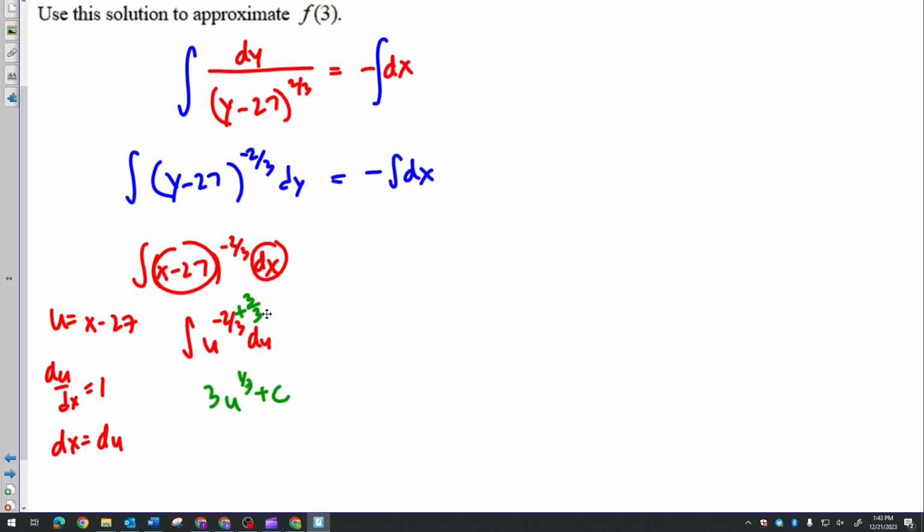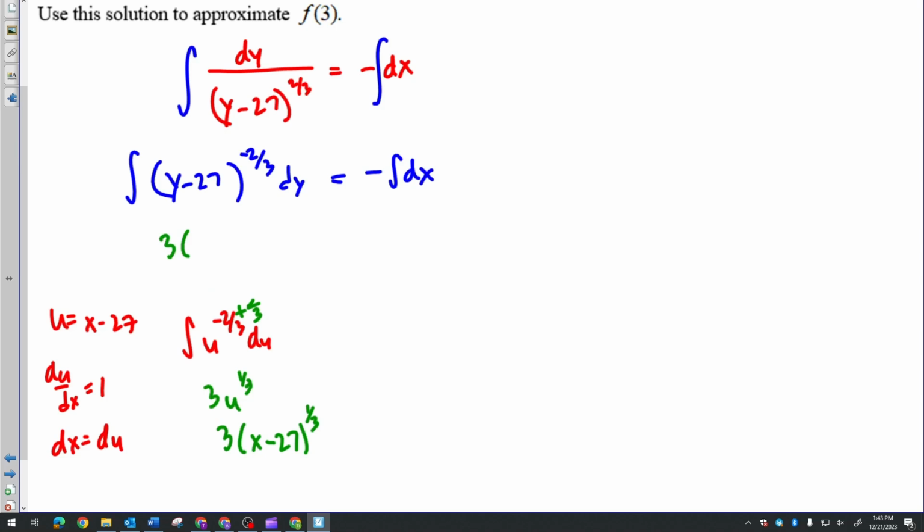And that's the answer here, although I don't need the c because I'm going to move all the c's to my right side. Let me rewrite this answer: 3 times (x minus 27) raised to the 1/3 plus c. Let me write it up here as 3(y minus 27) to the 1/3, remember this x is really a y, plus c, I'll just move the plus c over here.